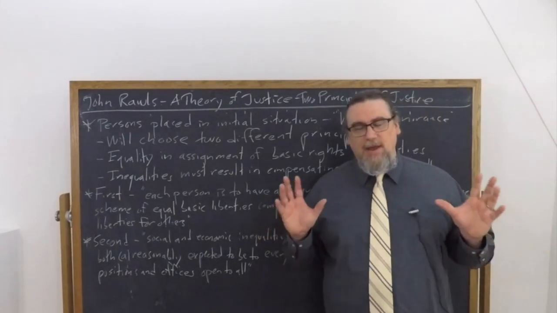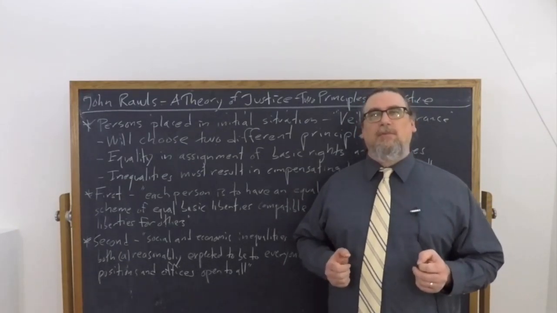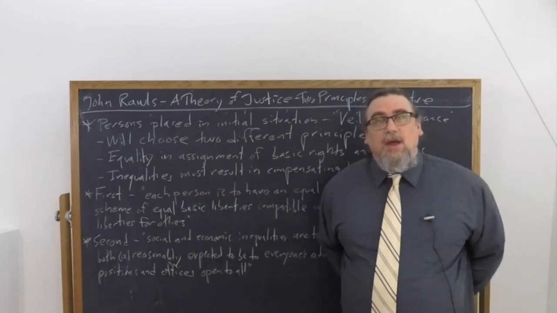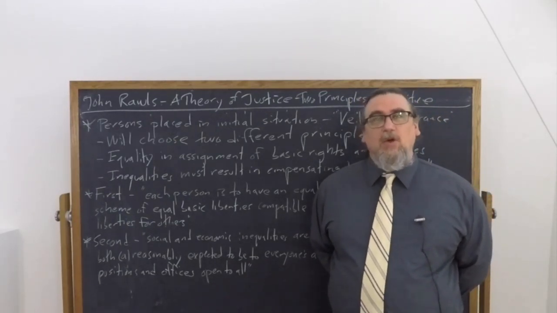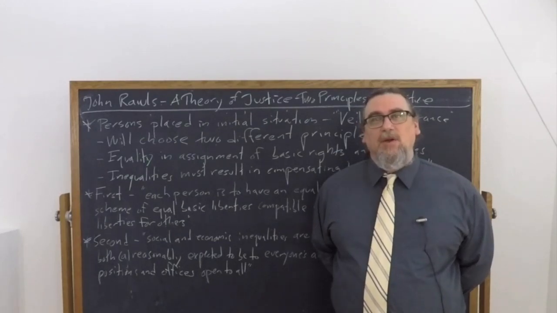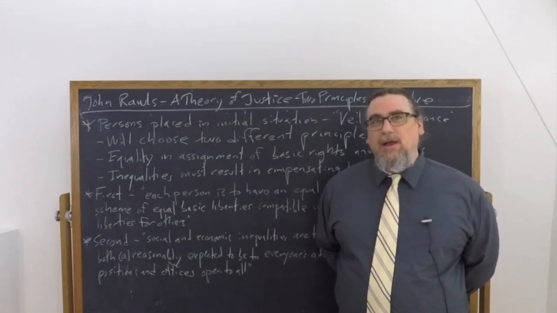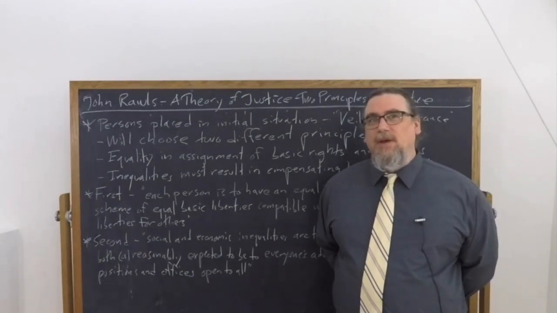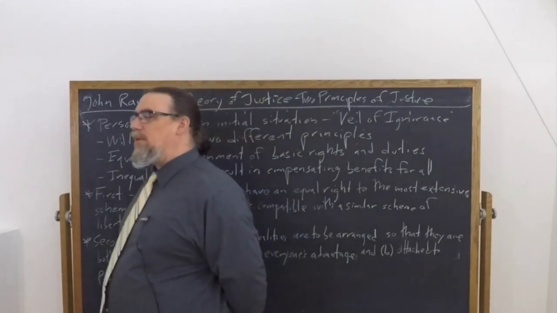And the basic idea is that we're deciding on fundamental principles that are going to govern the way society works, and we're going to come to some sort of agreement together on them deliberatively, rationally, without knowing where we would end up in that society, without knowing who we are going to be.